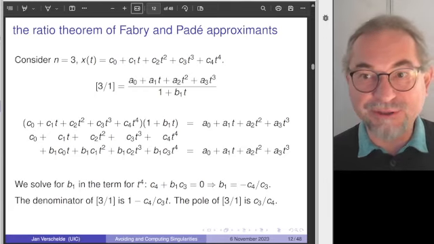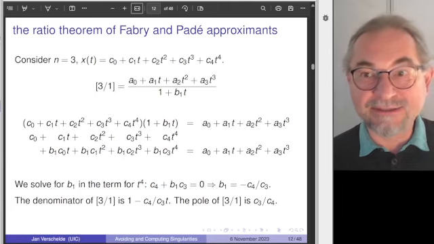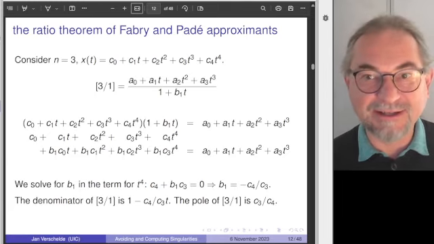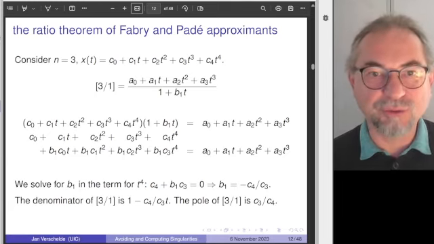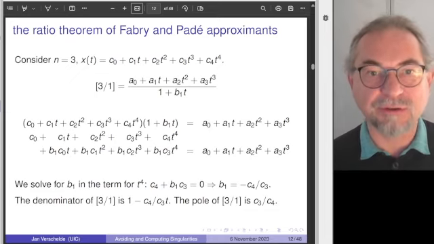So when I teach numerical analysis, I teach Padé approximants, and this is a computation that any undergraduate student can do, although typically it's done with numbers, not with letters.